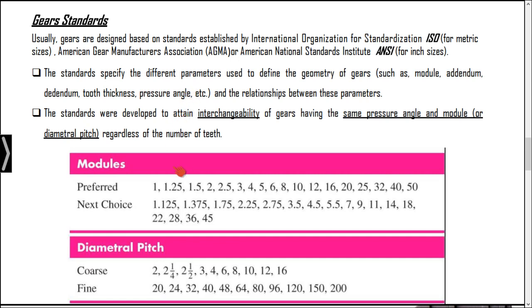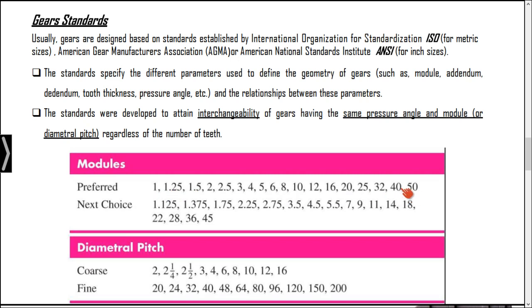So usually we have some standard choices, because these standard organizations have given some standard modules under which we are supposed to manufacture the gear. Like given in this table, we can see different types of modules. We are supposed to go along with these standard modules.